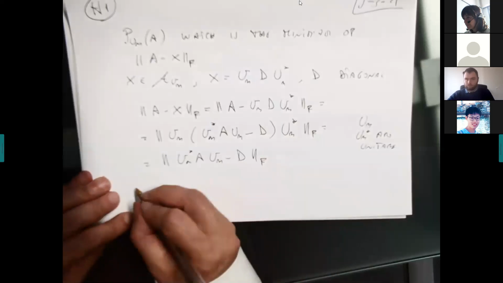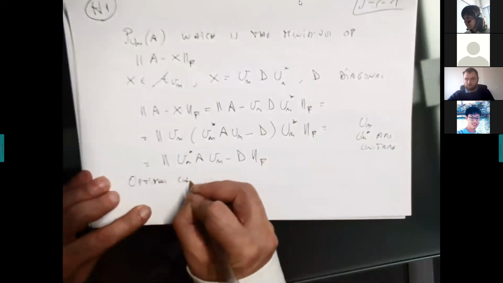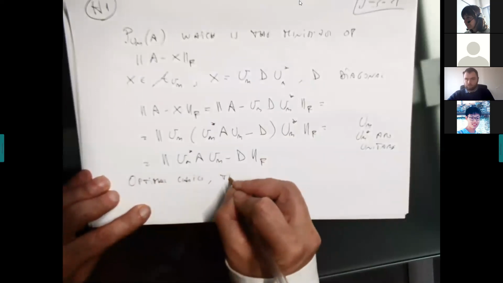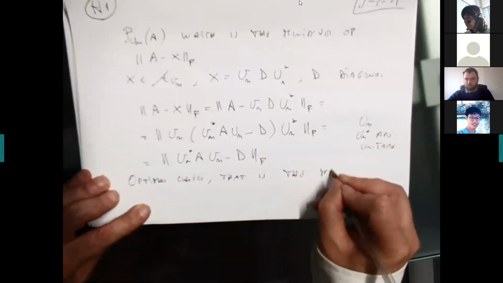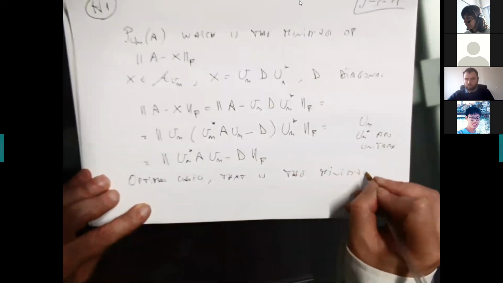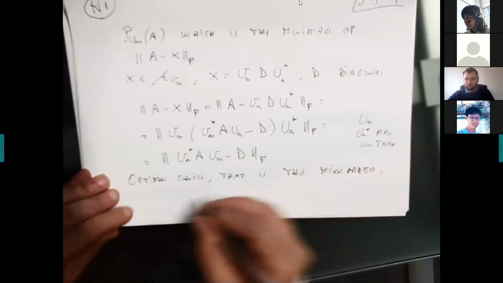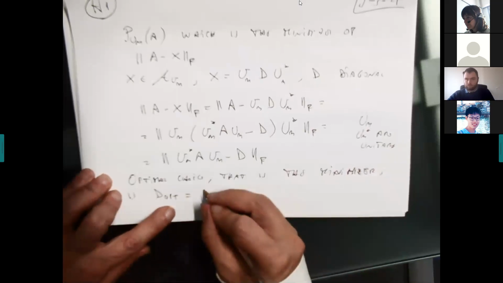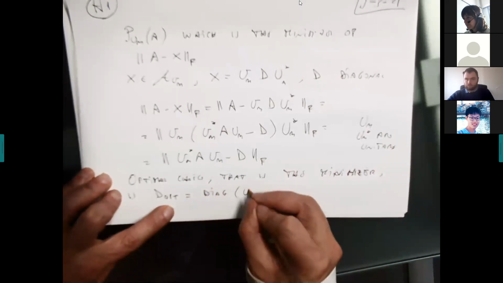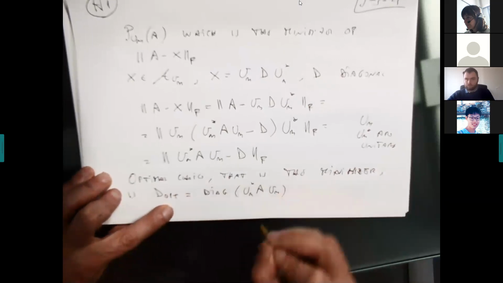So the optimal choice, that is the minimizer, is D_opt equal to the diagonal part of U_n star A U_n.